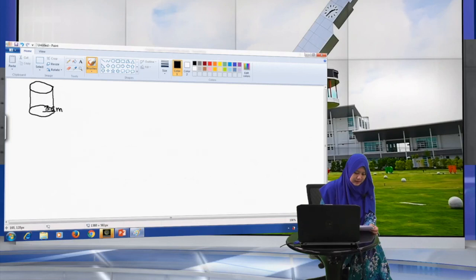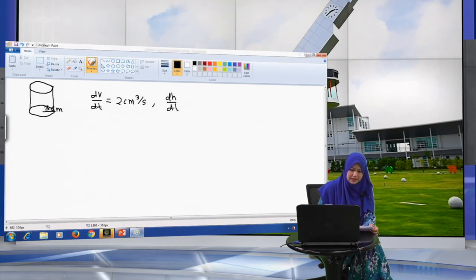And the rate is 2 centimeter cubed per second. This is dV/dt. dV/dt equals 2 cm cubed per second. The question is how fast is the height of the water rising. So we need to find dh/dt equals what?